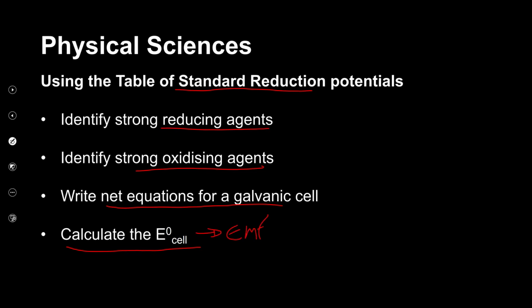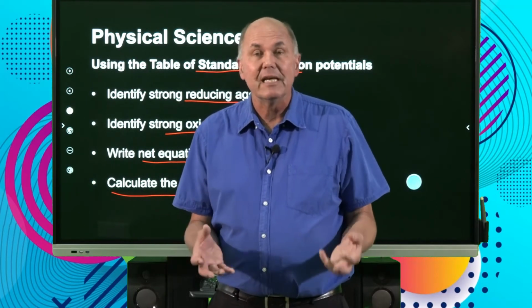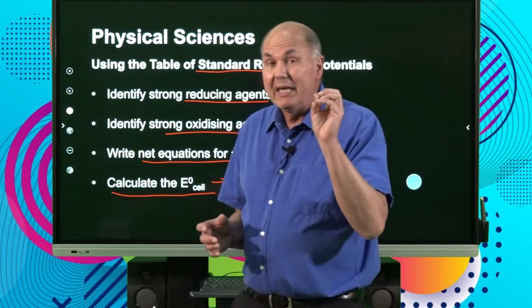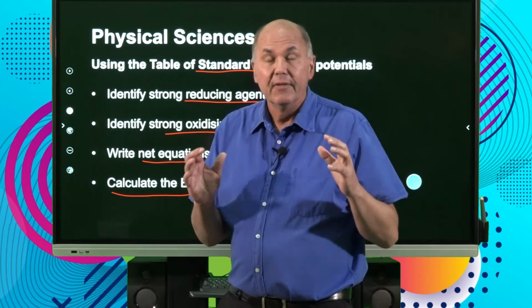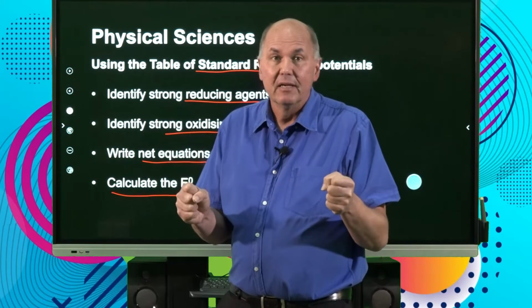So you might have heard that phrase used in terms of some physics work that you might have done. The E naught is essentially the EMF of the cell. So we need to be clear about this: it is the maximum electrical potential that can be delivered, and it's because of the difference in the nature of the half cells that we're using.